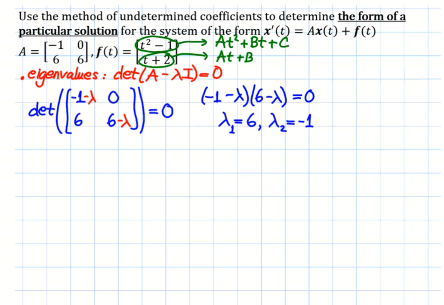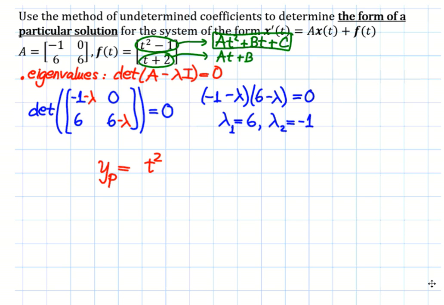Notice that if we have to guess one equation for both of them, this equation will suffice. So we only need that, because that polynomial also covers the other form. So with that, our guess will be the equation in the form of t squared.